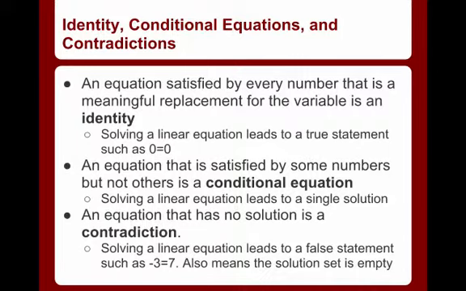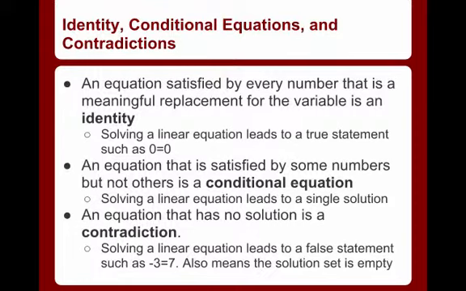This comes about when you're solving using algebraic manipulation, and at the end you get a true statement. All the variables go away and you get something like 0 = 0 or -1 = -1. That's an identity, meaning you can plug in any real value of x and the equation will hold true.